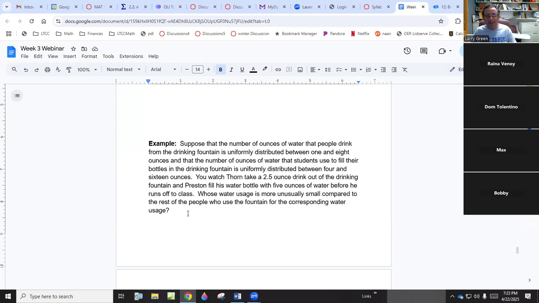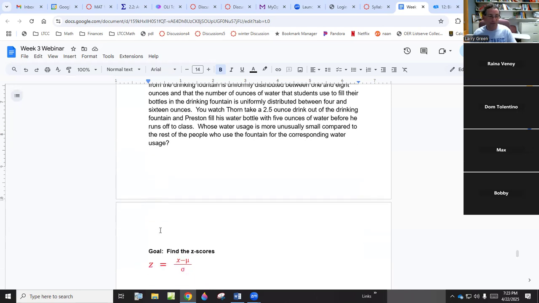So we're going to find the z-scores for Thorn and Preston in terms of water drinking. That makes sense? And if the z-score is really big, then that's more unusual. Is that clear? And by the way, if the z-score is bigger than 2, then that means it's an outlier. If it's bigger than 3, then it's an extreme outlier. Any questions on the strategy here?